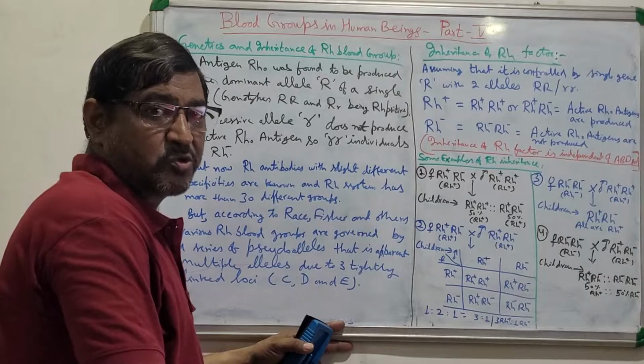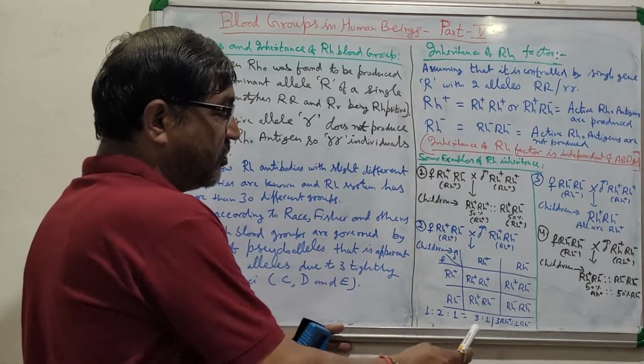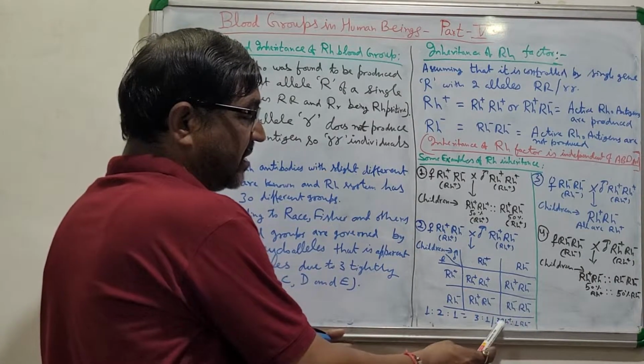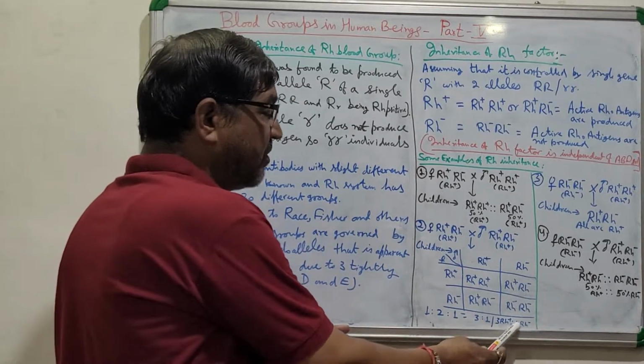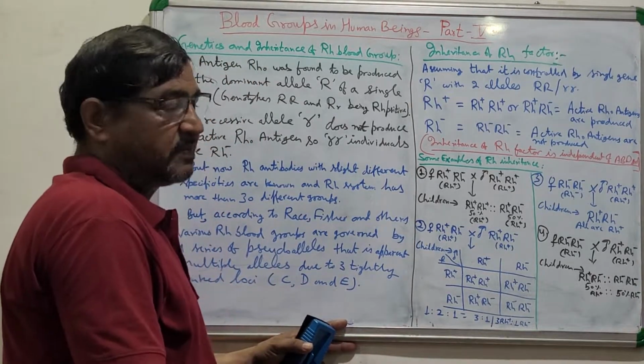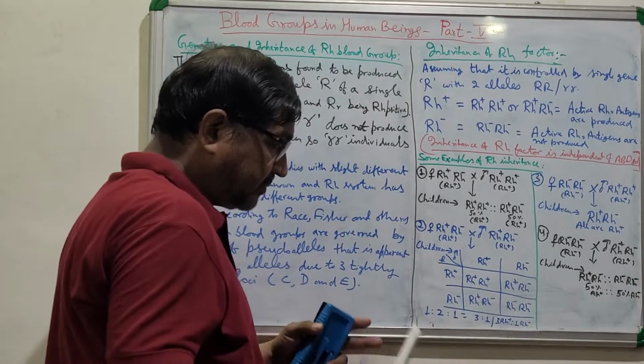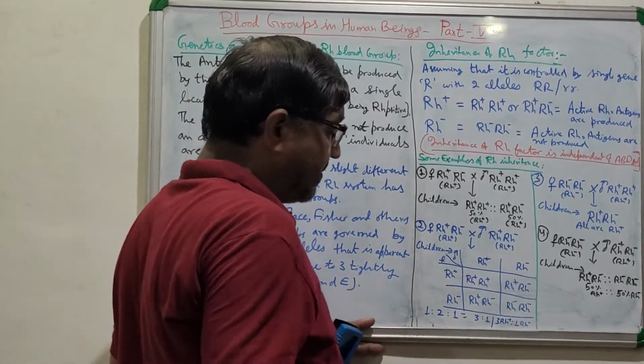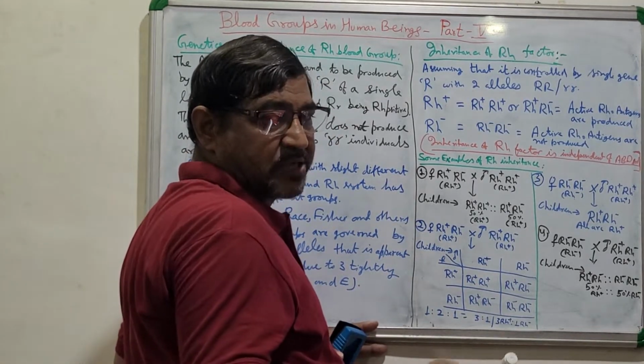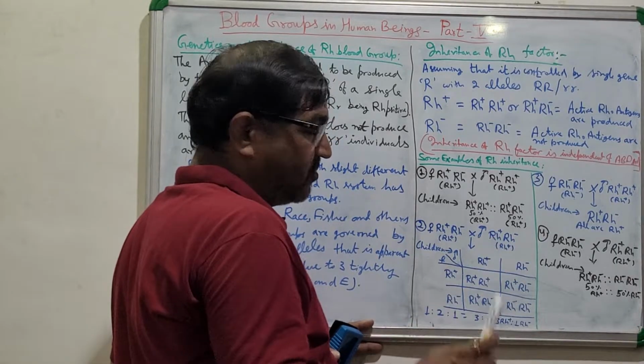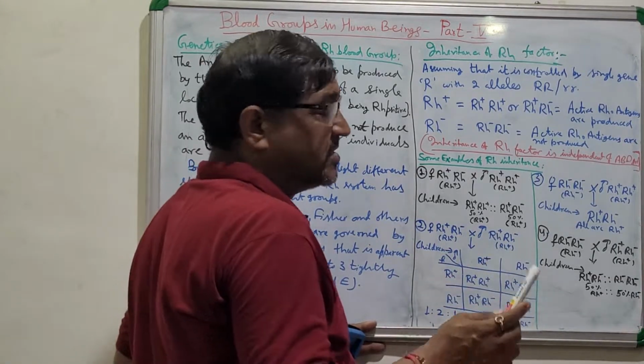So total 1:2:1 ratio. Of course the phenotype will be 3:1, 3 Rh positive children and 1 Rh negative child. I mean 75% Rh positive children and 25% Rh negative children.